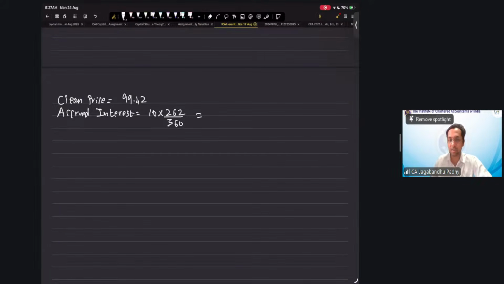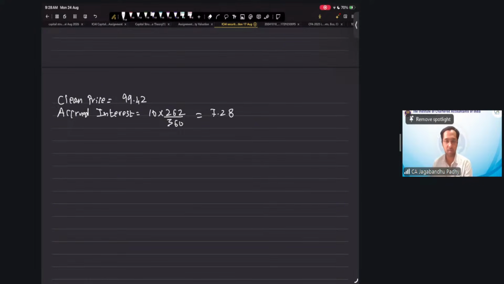What is the amount of accrued interest? 10 into 262 by 360, which is 7.27, or 7.28 to 2 decimals.